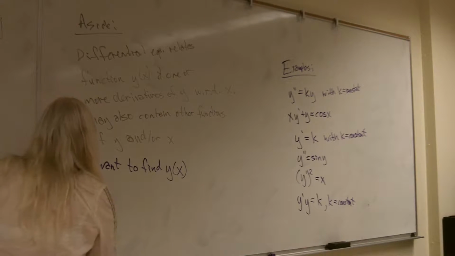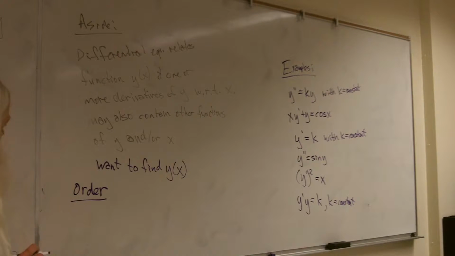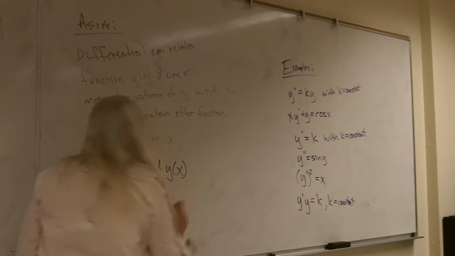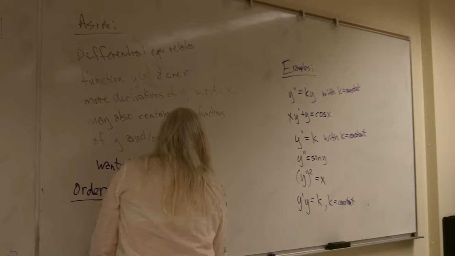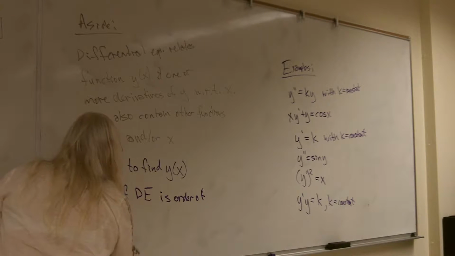First of all, one of the important ways we classify differential equations, or I'll abbreviate that as DE, is the order of the differential equation. That's the order of the highest derivative.